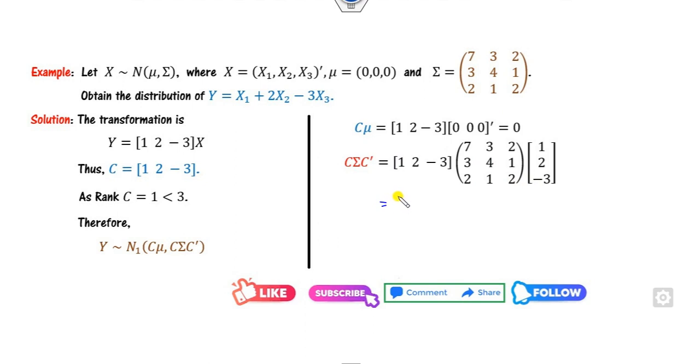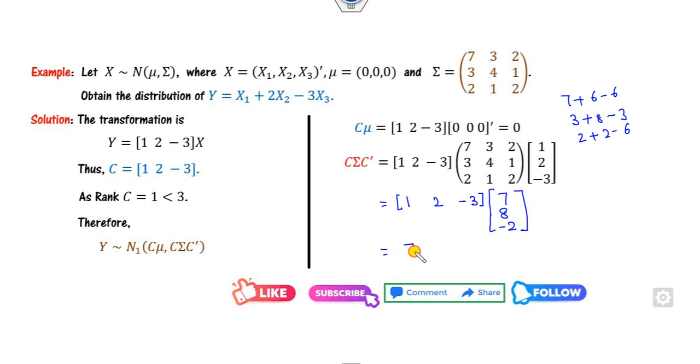Now you can multiply them. If you multiply, the first number is 7 plus 6 minus 6, which is 7. The second is 3 plus 8 minus 3, which is 8. And the third number is 2 plus 2 minus 6, which is minus 2.